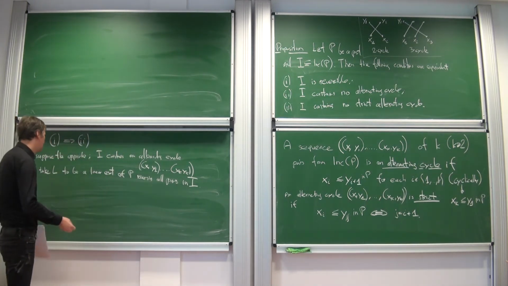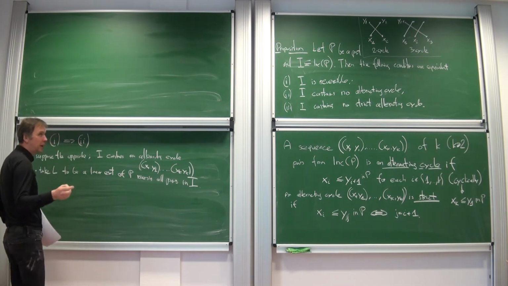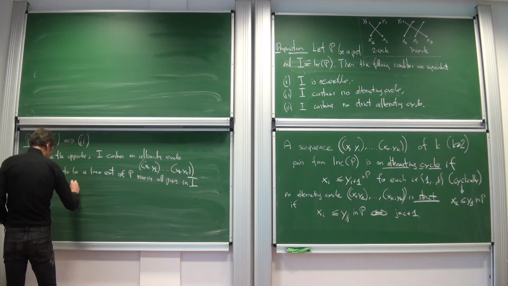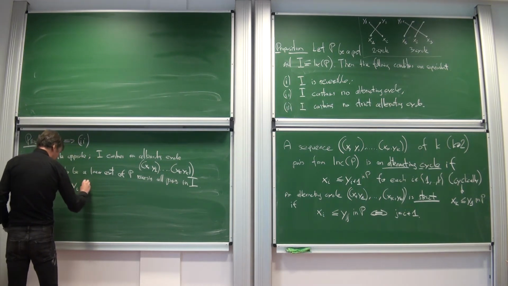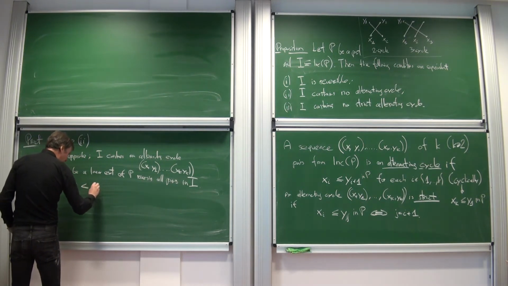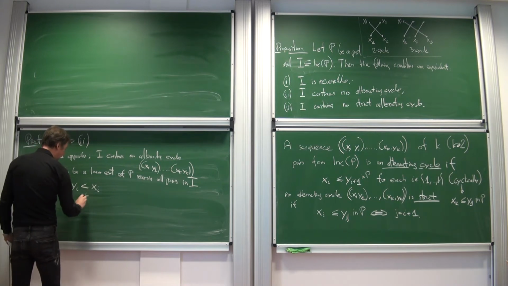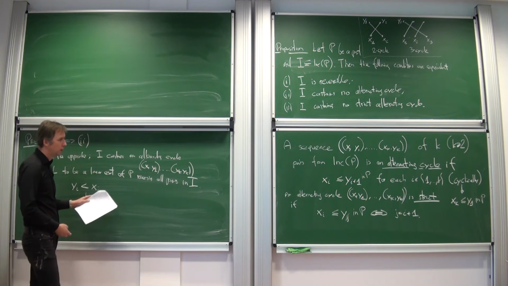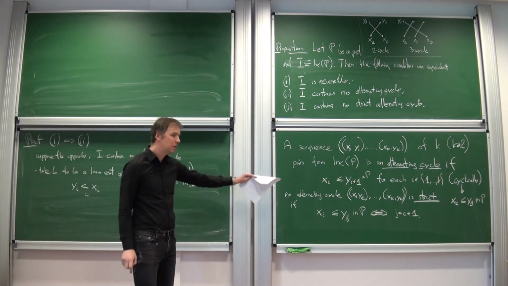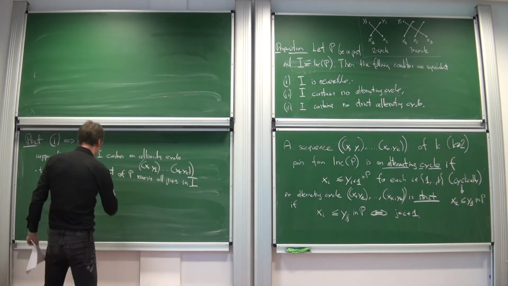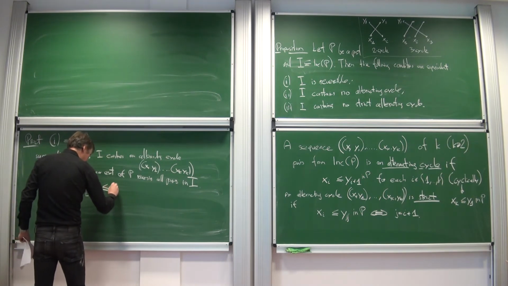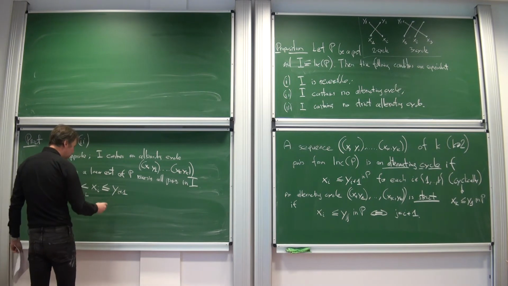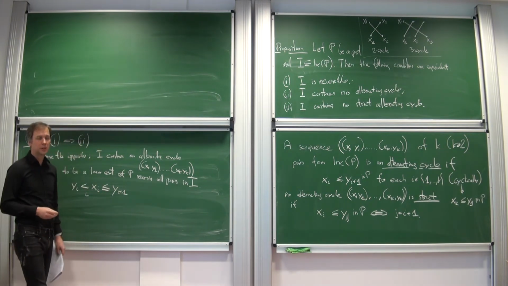So taking any pair x_i, y_i, we know that L reverses the pair. So we know that y_i is less than x_i in L, right? But now this is an alternating cycle, so x_i is below y_{i+1}. And this is in the poset. So in particular it must be in the linear extension.